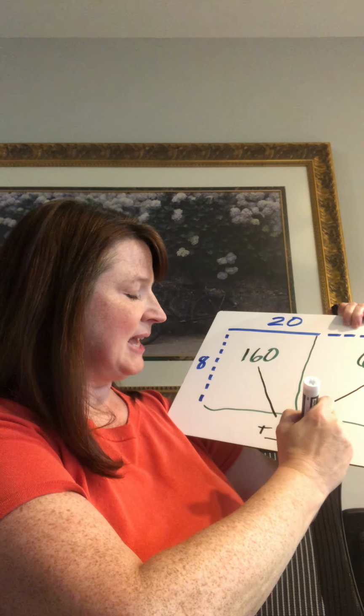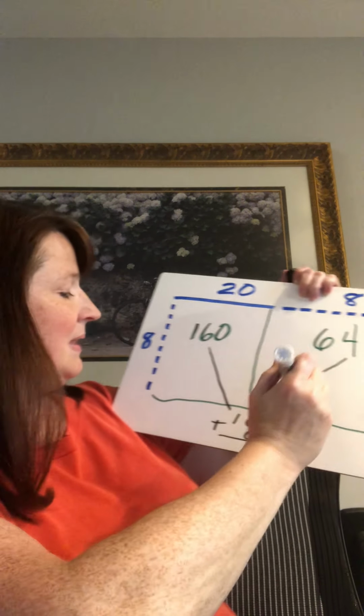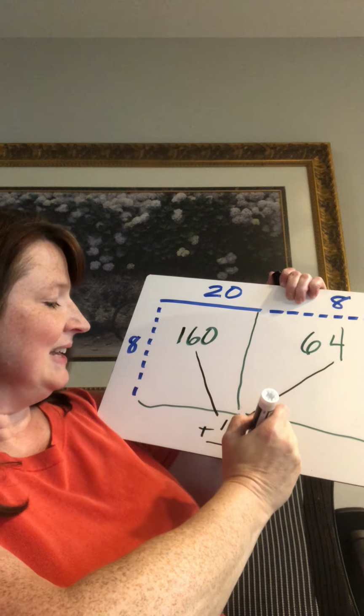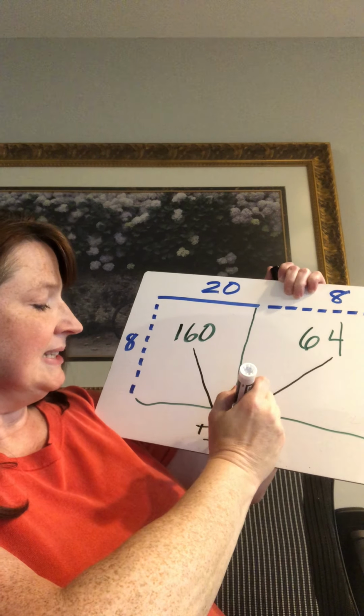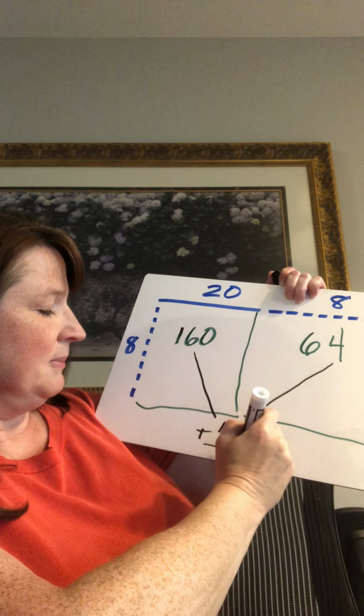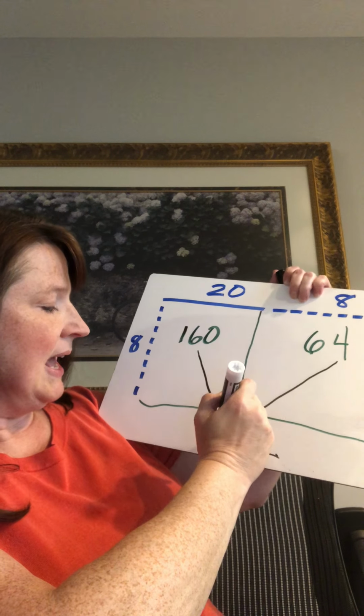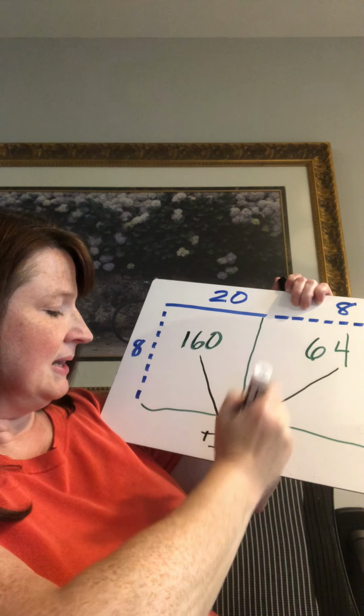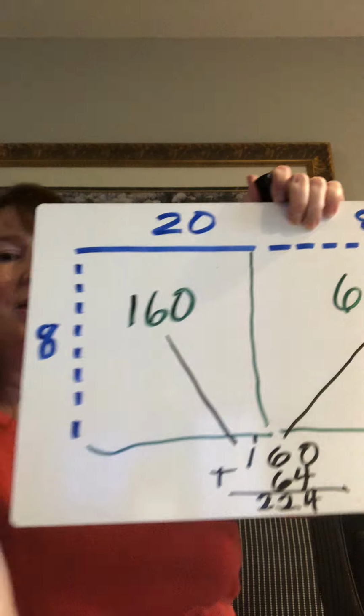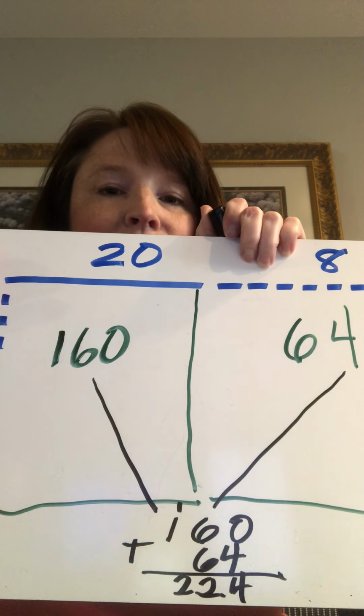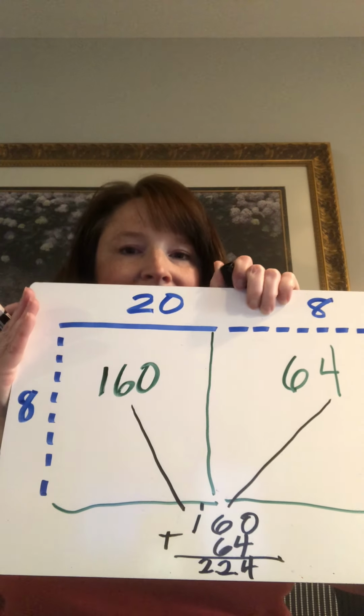And we're just going to add 0 plus 4 is 4. 6 plus 6 is 12. Put the 2 here, regroup the 1, and then we have 1 plus 1. So our answer is 224. All right.